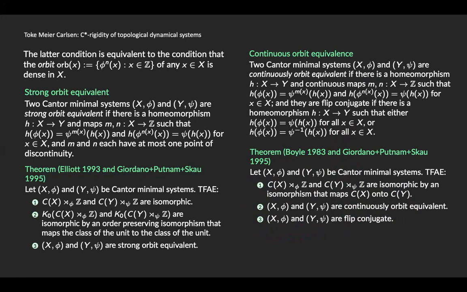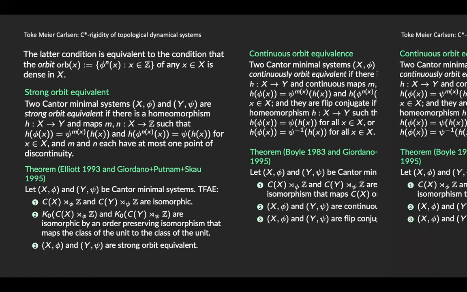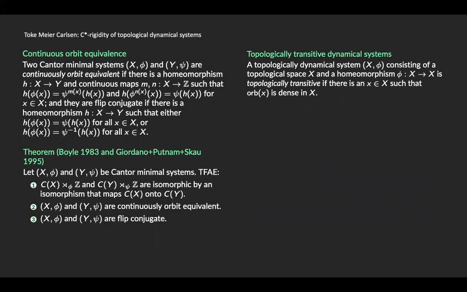Shortly after this result, Tomiyama showed that this last theorem and its proof can be generalized to so-called topologically transitive dynamical systems on compact metric spaces. A topological dynamical system is topologically transitive if there's at least one point whose orbit is dense.